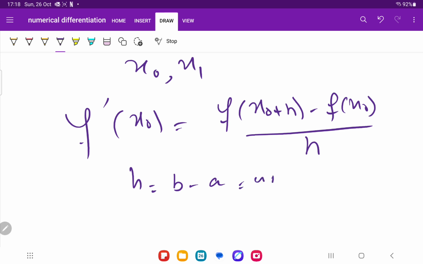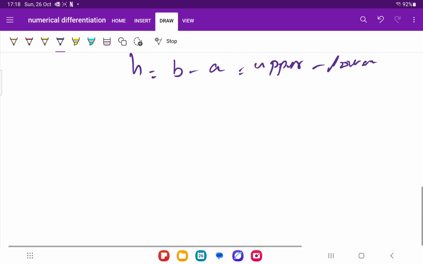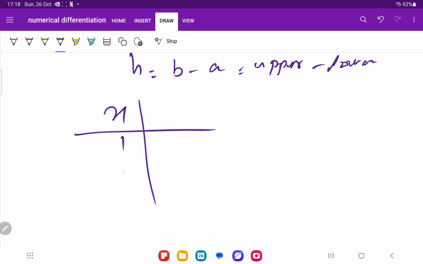So upper minus lower values of the interval, or the successive x we have been given. For example, if we have been given x in terms of, let's say, 1, 2, 3, these are the x values.